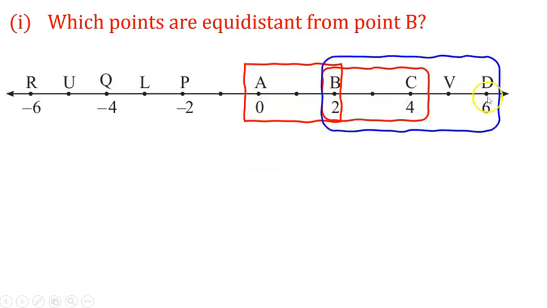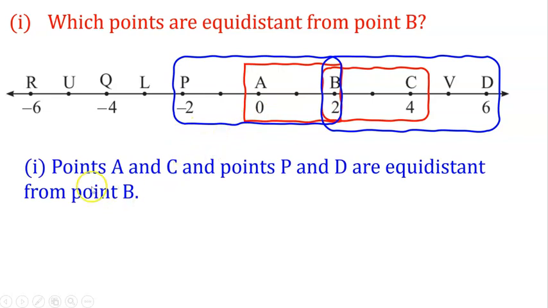Yes. The point D is at a distance of 4 units from B, and another point P is at a distance of 4 units from the point B. And hence the answer is points A and C, and points P and D are equidistant from the point B.